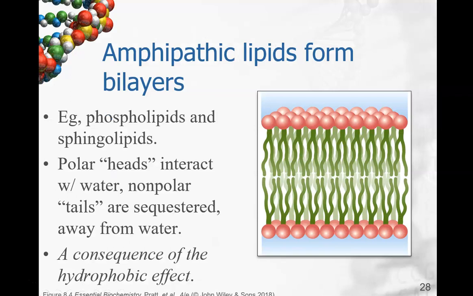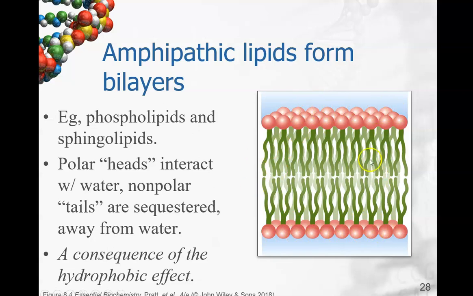All right, so let's go back to membranes. Amphipathic lipids can form bilayers, and they do this as a consequence of the hydrophobic effect that we talked about in class earlier, where the hydrophilic heads that are shown in this diagram in this pink color, water is happy to interact with them and forms favorable intermolecular forces with these polar head groups.